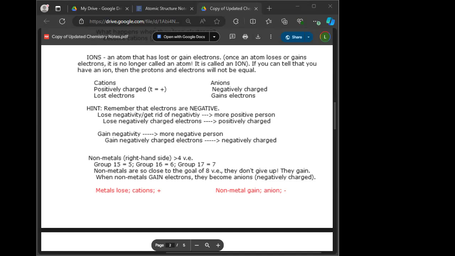And so because all of the nonmetals are very, very close to the goal of 8, there is no way that they're giving up their valence electrons. They are way too close to that magical, happy, perfect goal of 8.